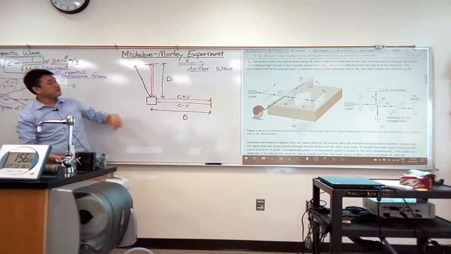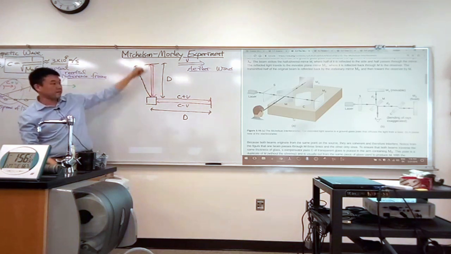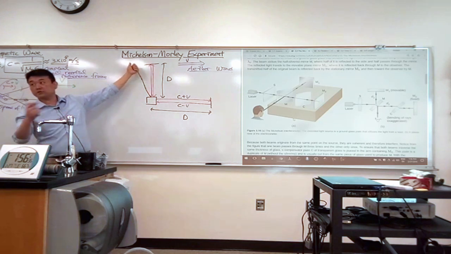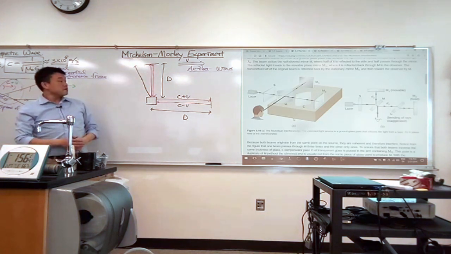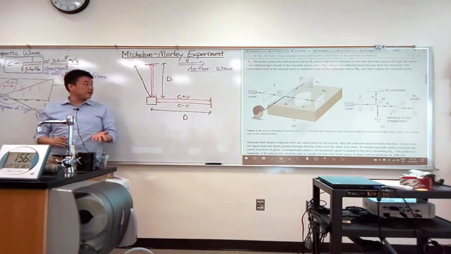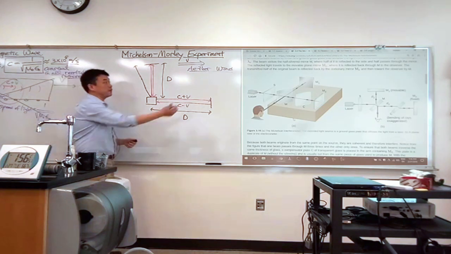On this side, you have to be a little more careful. You're not traveling 2d, because it's working against the current, so it has to use a component of velocity against the current. So we can derive a quick formula and do a quick estimate to see that Michelson and Morley should have been able to see this ether wind.